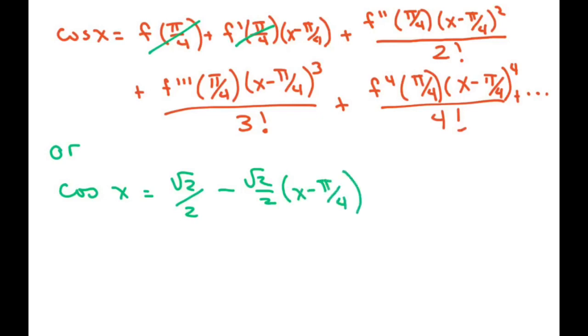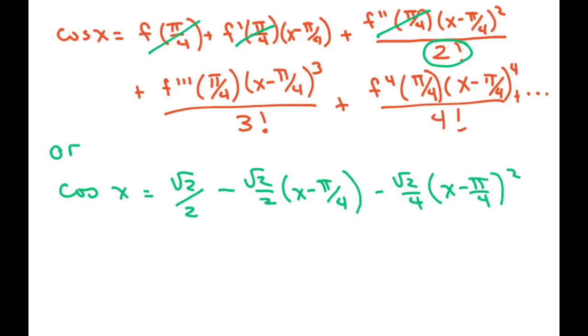All right, and then the next one's going to be minus again, but since this is 2, and this is a square root of 2 over 2, this will end up being square root of 2 over 4. And then you just copy x minus pi over 4 squared.